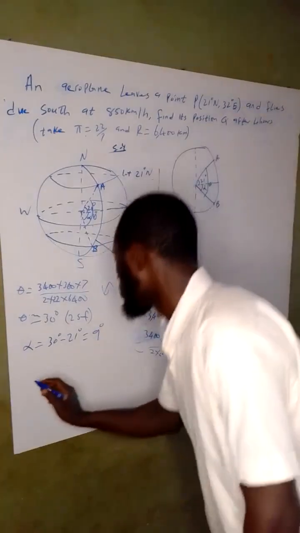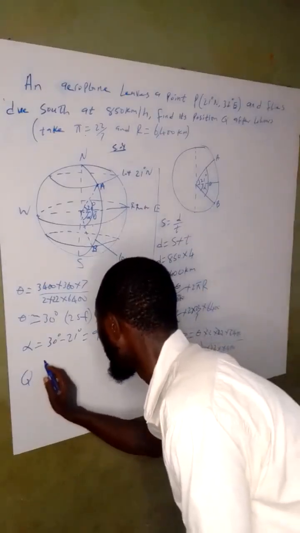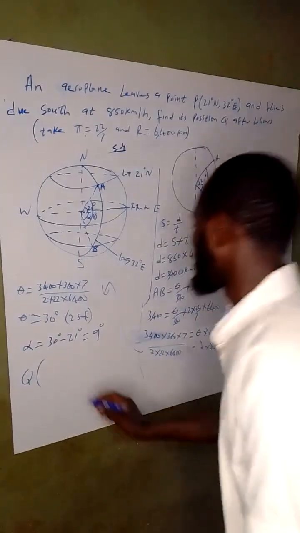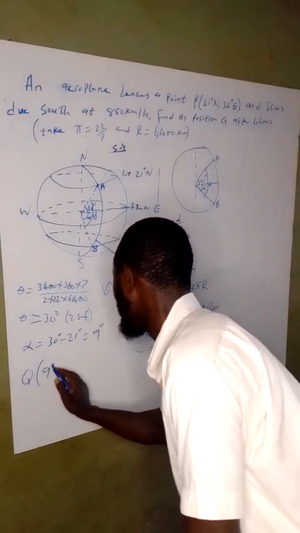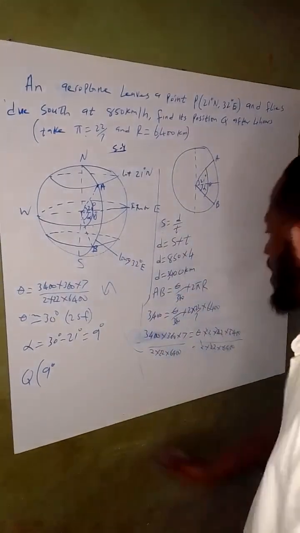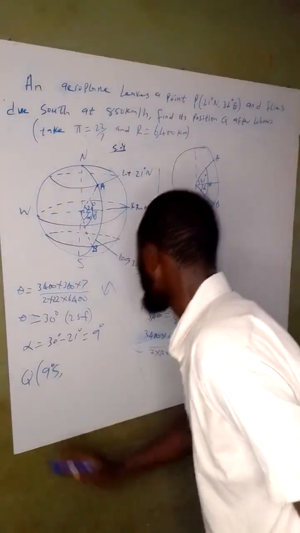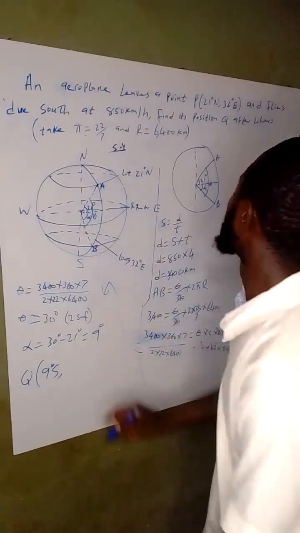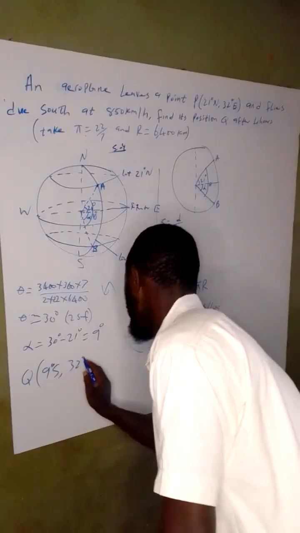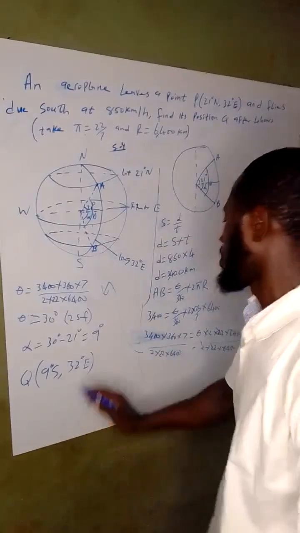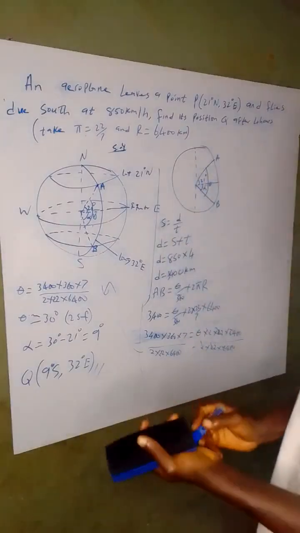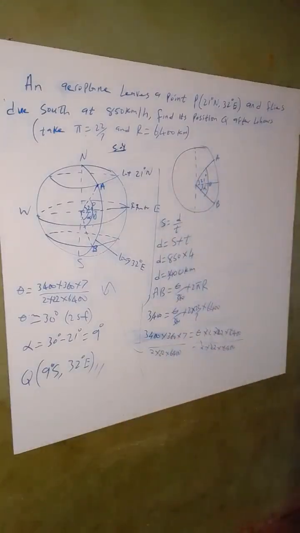So the position of Q will now be latitude 9 degrees south, and longitude 32 degrees east. That's the position of Q. Thank you. Wish you best of luck.